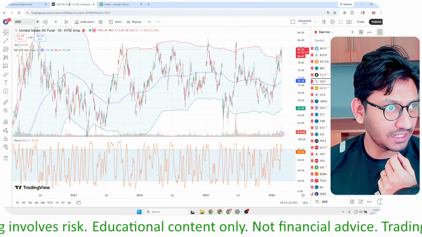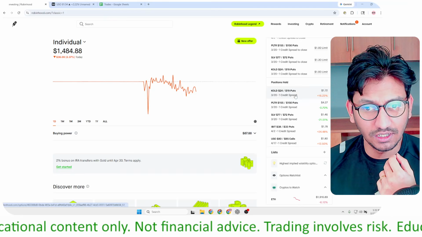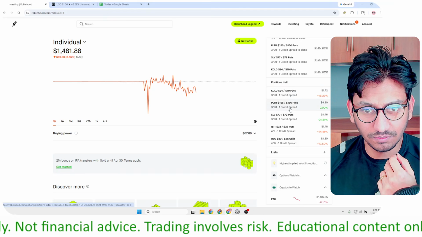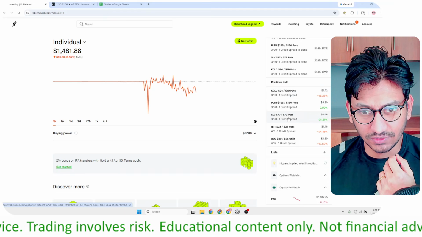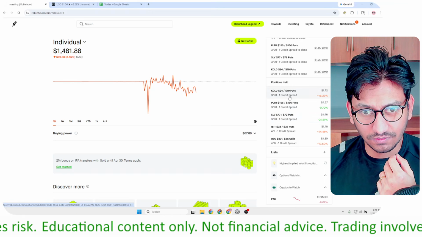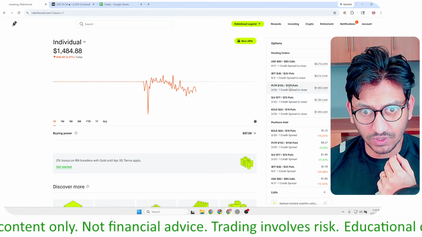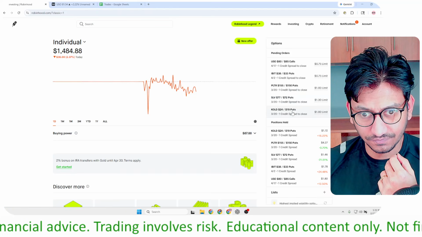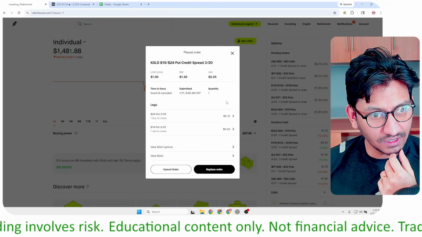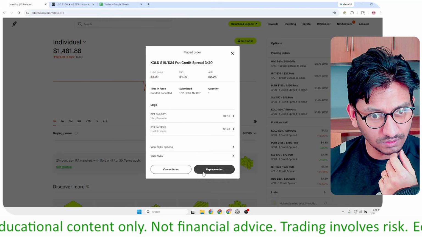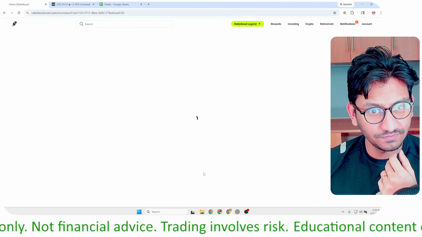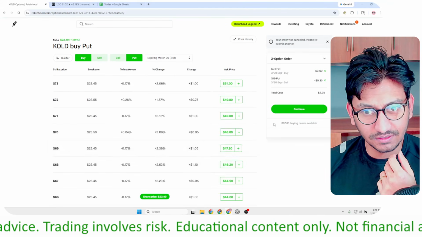So let's actually get out of the positions that I need to get out of. I need to get out of gold, Palantir, and silver. Let's get out of one of each of them one by one. So gold. Replace order.